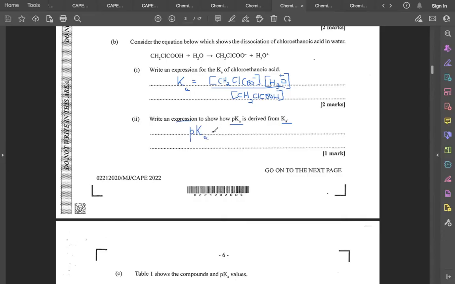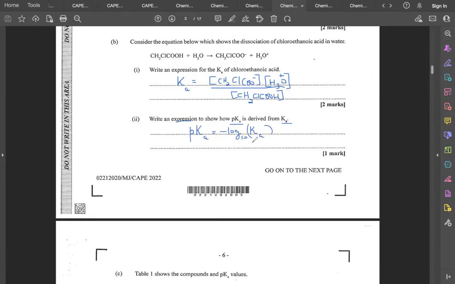No, miss. Okay, so the pKa, guys, is just equal to the negative log to the base 10 of Ka, right? So that's how we relate the two things.